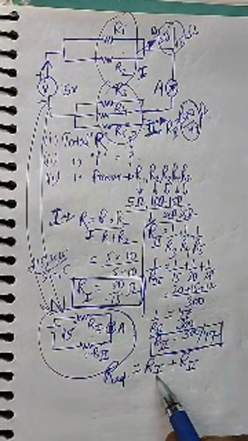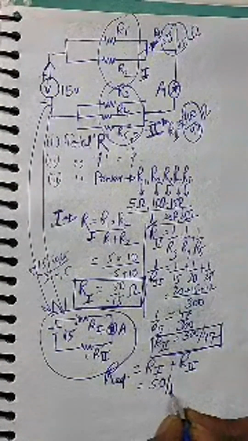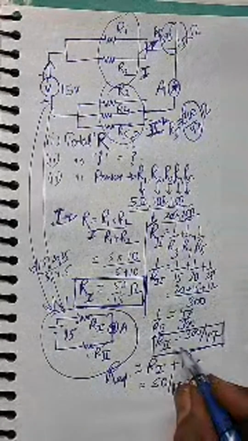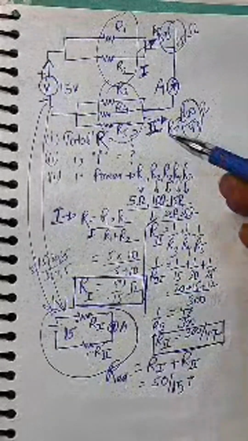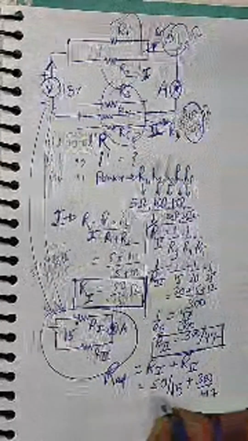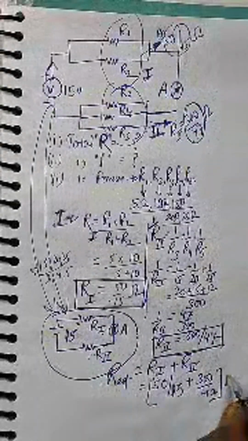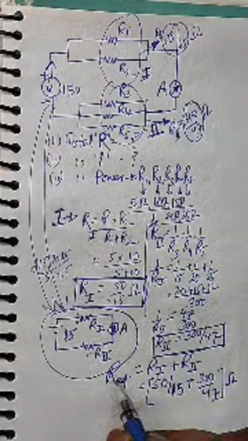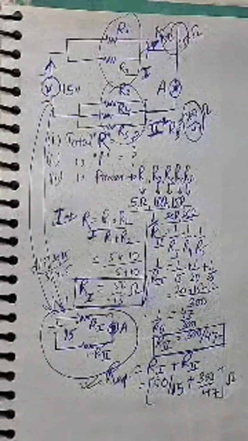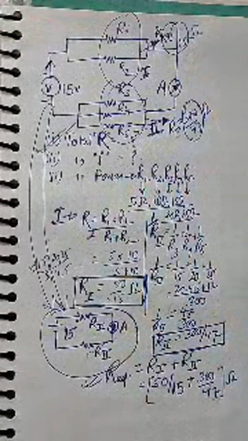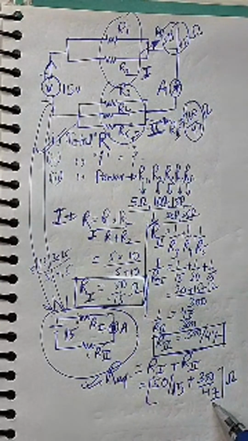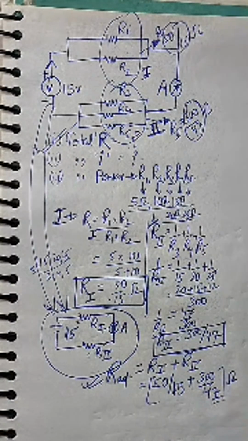So just put this value over here. So this will be equal to 50 by 15 plus R2. R2 is calculated as 300 by 47. This is the equivalent resistance of R3, R4, R5. So just add it. It's a simple calculation. You can do it, and this is the equivalent resistance. So in this way we have calculated the first part, total equivalent resistance, that is 50 by 15 plus 300 by 47. Okay. This is the total equivalent resistance.